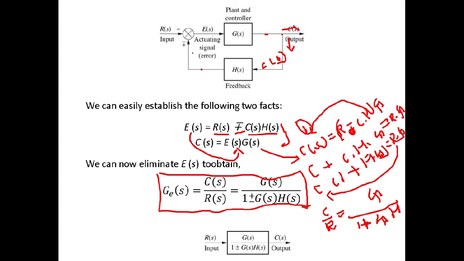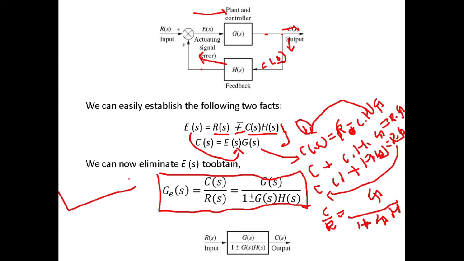You can see the summing point is there, but here the direction is forward, here the direction is backward. So you have to differentiate between the parallel and cascade feedback element. In that case you can simplify this whole block diagram into this one block, that is G(s) divided by 1 plus or minus G(s) into H(s). This is the most important block diagram reduction rule.